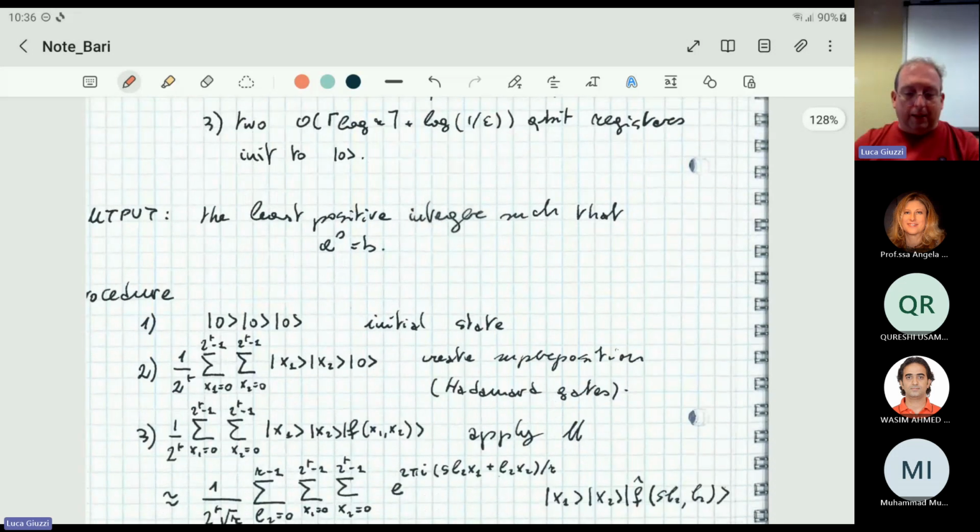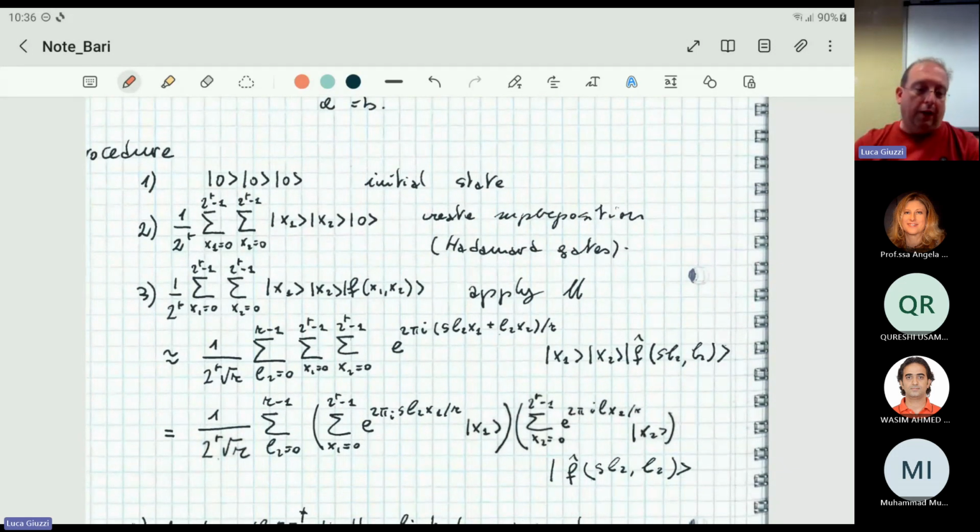And the idea is that, here there are all of the computations, but I won't bother you with them. If you are interested, we can go and see them in detail. The idea is still to use the quantum Fourier transform and Hadamard gates, basically to test all of the elements of our group at the same time.